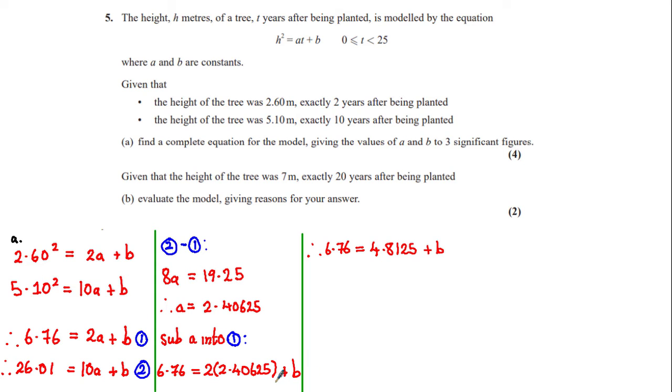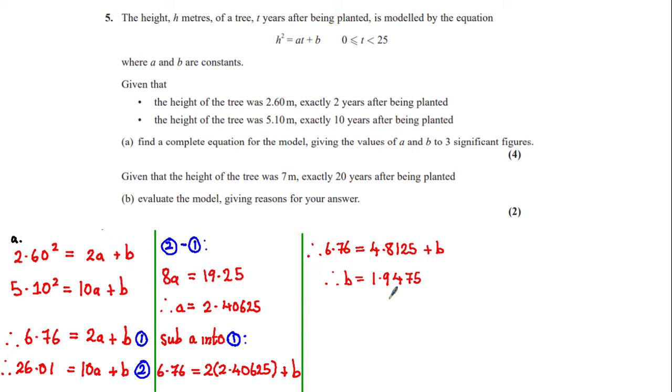Working this out, we get the following: 6.76 is equal to 4.8125 plus b, and subtracting this value from both sides, we get that b is equal to 1.9475. Okay, so now we've found the complete values for a and b.